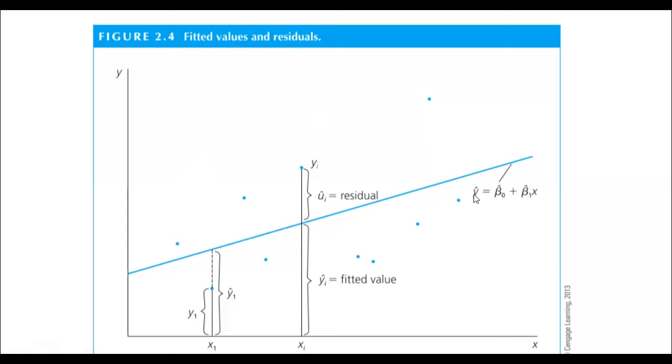And this is y hat, and y hat equals beta naught hat plus beta 1 hat x. Okay, so the residual would be the difference between the actual value of y and the value that lies on the fitted line. So this difference here is the residual or the error term.